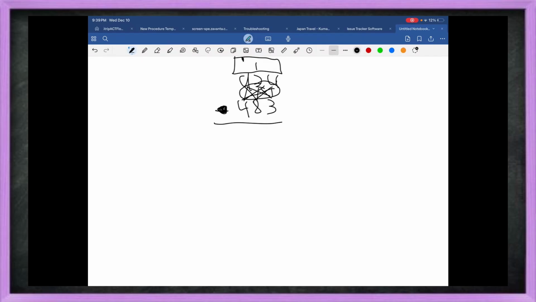The reason for that is because, as we know, multiplication is distributive. 924 is the same as writing 900 plus 20 plus 4. And 483 is the same as writing 400 plus 80 plus 3.